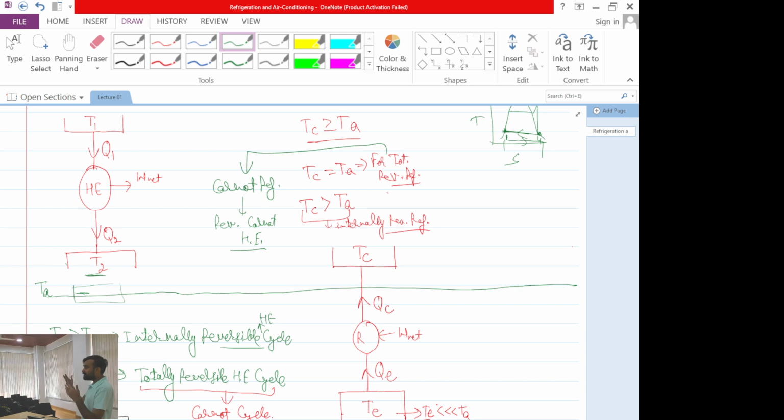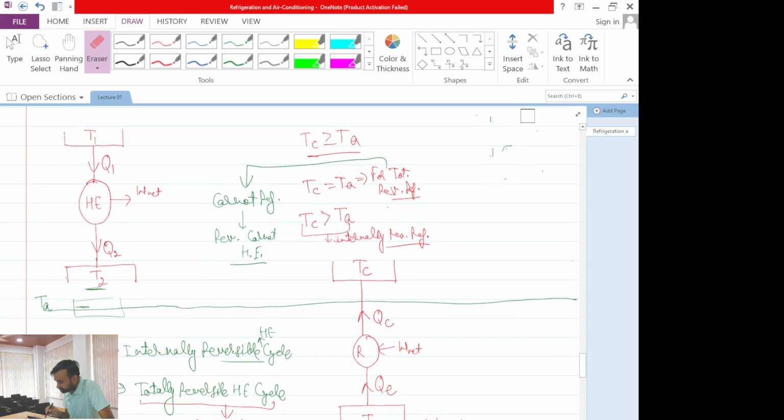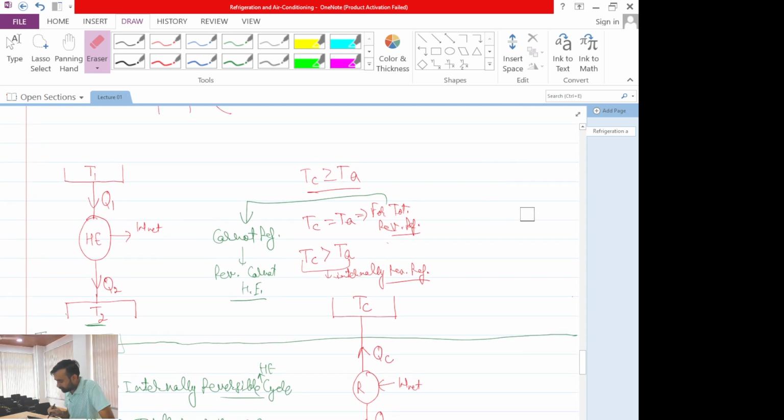It means our purpose is heating. So if our purpose is heating, we need to take heat from the atmosphere and then dump it to some system which is at a higher temperature than the atmosphere.